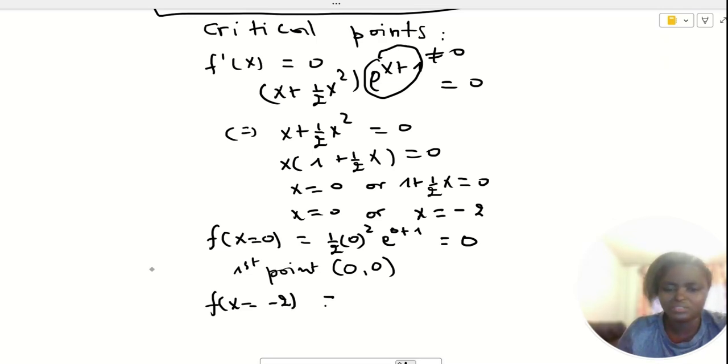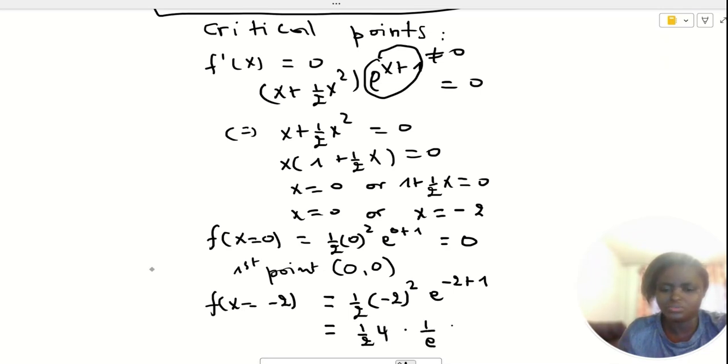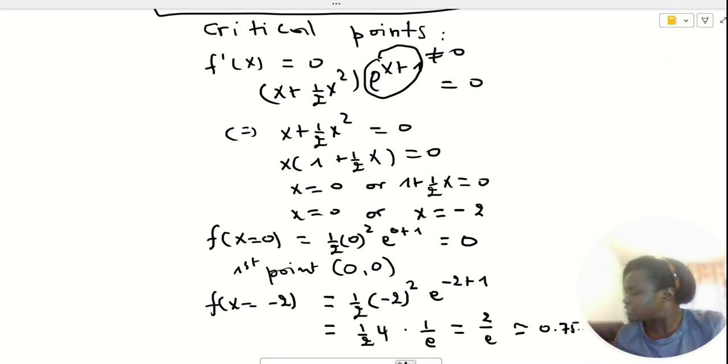f(-2) will be equal to 1/2 times (-2) squared times e^(-2+1). This is equal to 1/2 times 4 times 1/e, so this is equal to 2/e. This is approximately 0.74 or something.